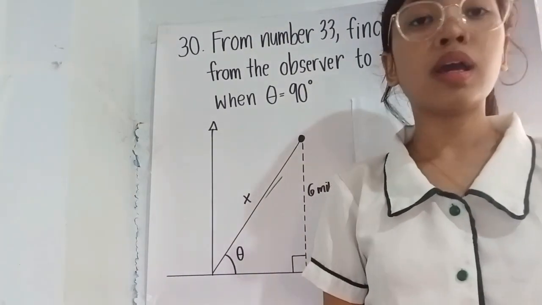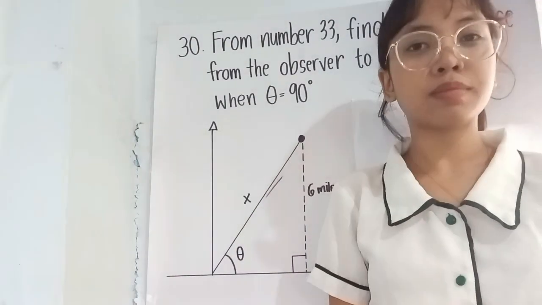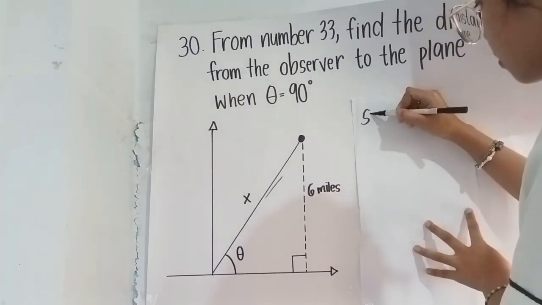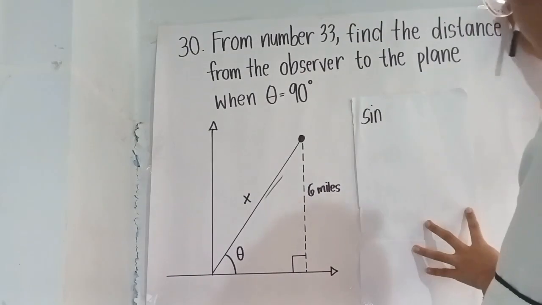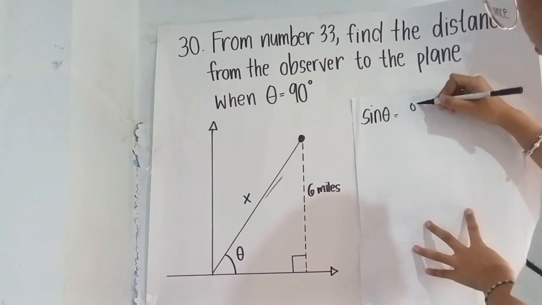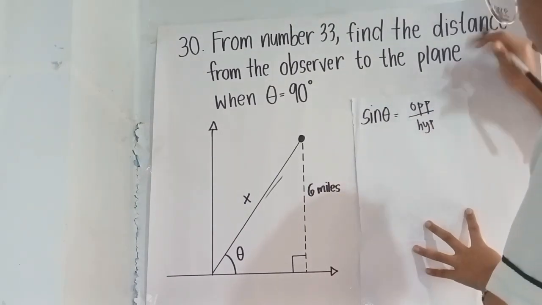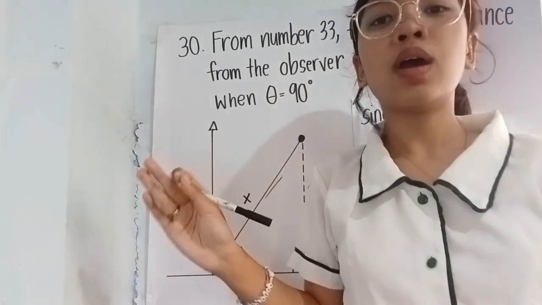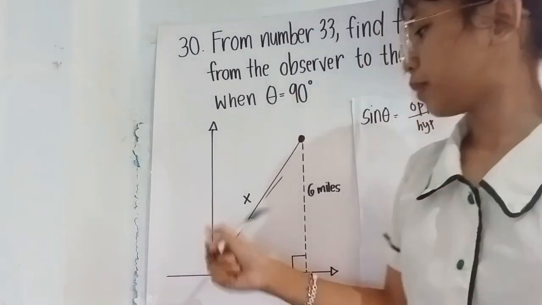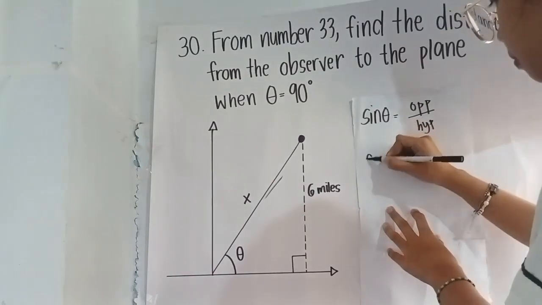From this problem, we will use trigonometric functions to aid us in solving. Sine theta is equal to opposite over hypotenuse. Then we will substitute 6 for the opposite, since 6 is the opposite and x is the hypotenuse.